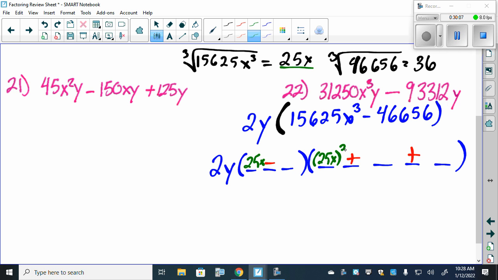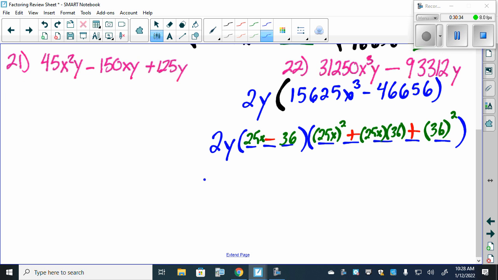Our middle term would be 25x times 36, and then our last one would technically be 25x to the 0, which is 1. Our second term is 36. So we'd have 36. Nothing with the 25x to the second power. The middle one, we'd have 36x, or 36 to the first. And last, we'd have 36 squared.